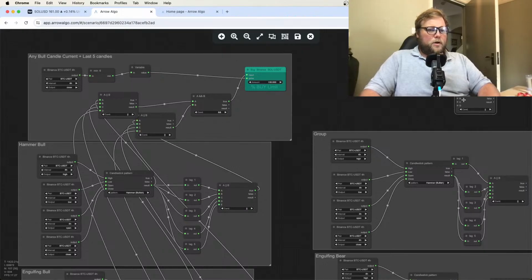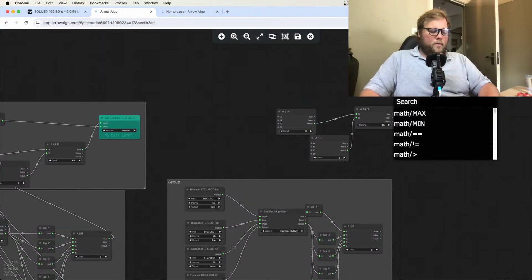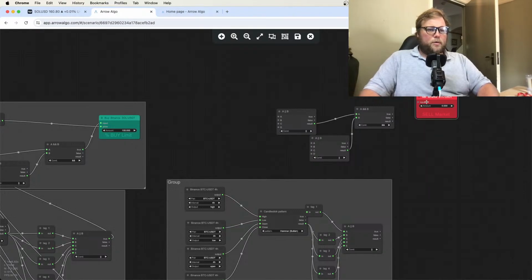So again, let's make some clones of these OR blocks and of the AND block. And set a buy block.